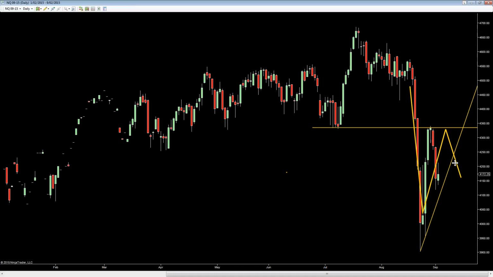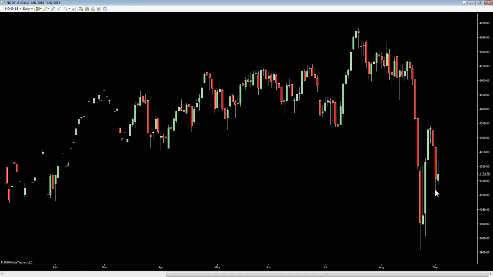So we've got a lot of things going on right now. That's why we're getting so much choppiness in this particular session. Because if the buyers take control here, we're going to see them try to run the stops, not today, but maybe over the course of the week.